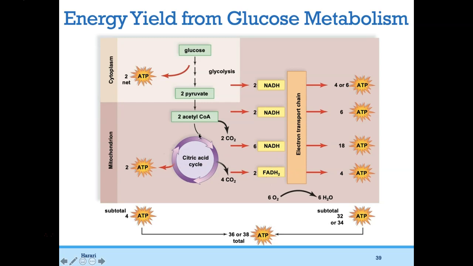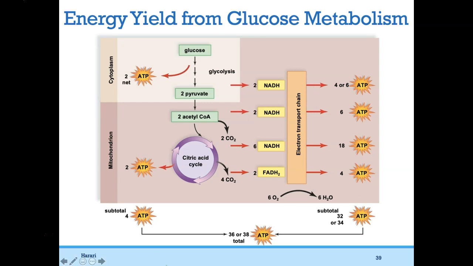As a result of those breaking down, we had a lot of CO2 released into the atmosphere and a little bit of ATP. Together, all of the NADH and FADH2s feed into the electron transport chain, which are the inner mitochondrial membrane that form those cristae. And together we get up to 34 ATPs.